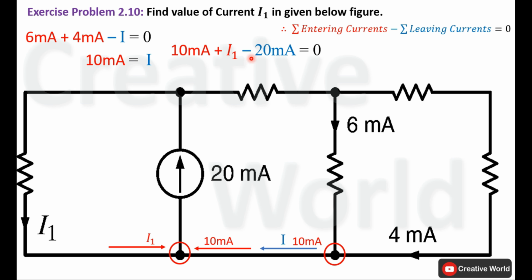In this equation, only one variable exists, that is I1, and it is our required parameter to calculate. Subtract 10 mA from 20 mA and it will become minus 10 mA. Now place this minus 10 mA on the other side of the equal sign to calculate the value of I1, that is 10 mA. So the value of I1 in this circuit will be 10 mA.